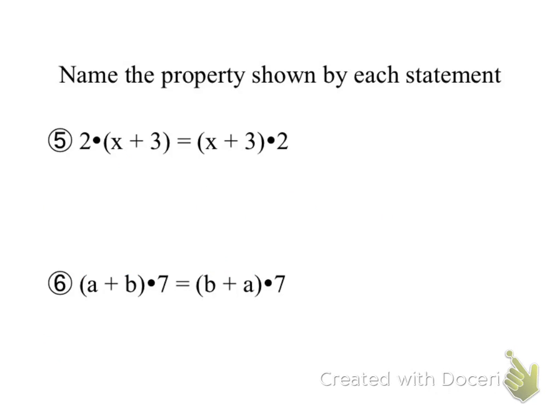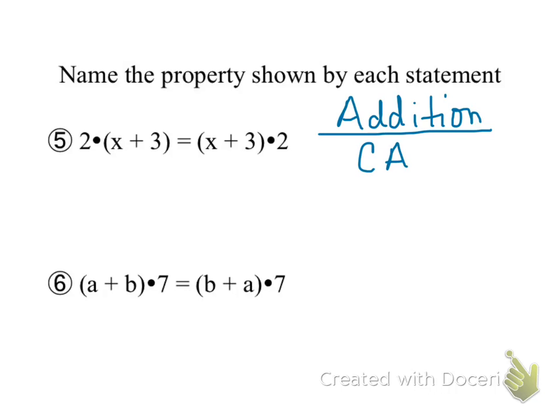Okay, we're going to talk a little bit about abbreviations. You can abbreviate on your homework tonight using the following. For addition, you can tell me that it is commutative addition, associative addition, or identity addition.